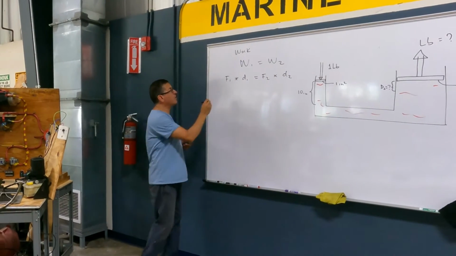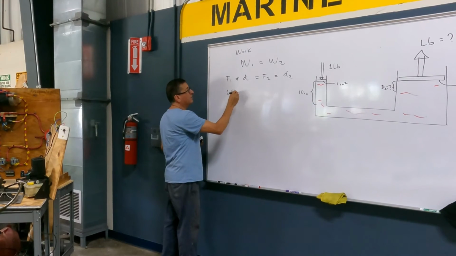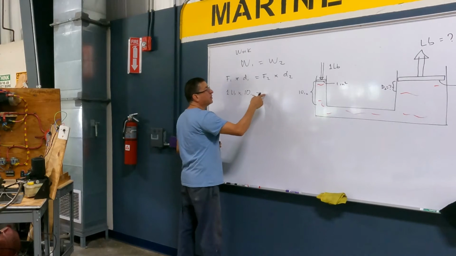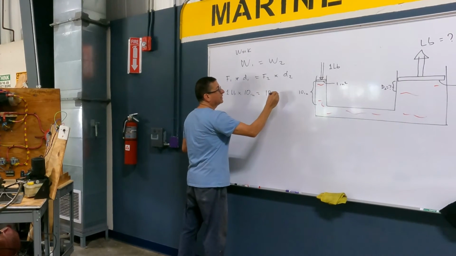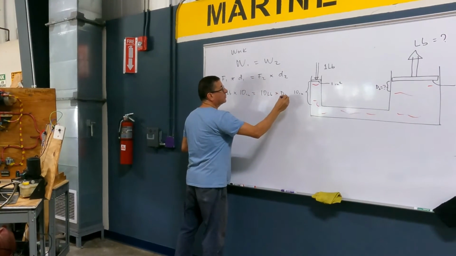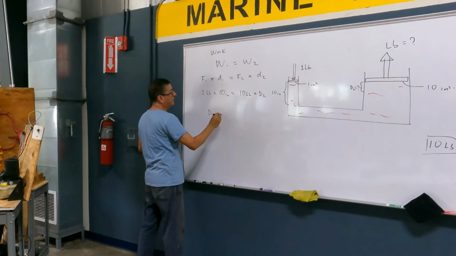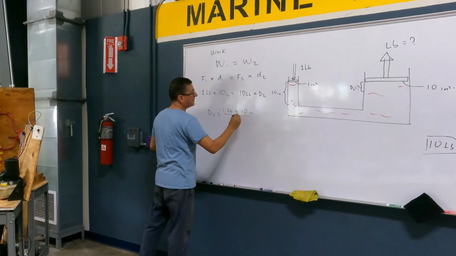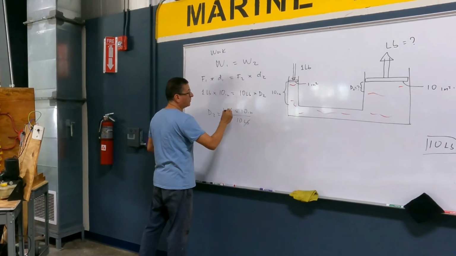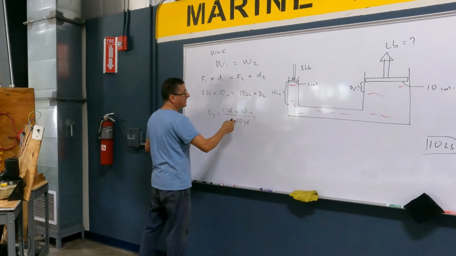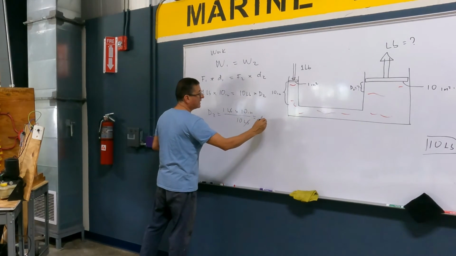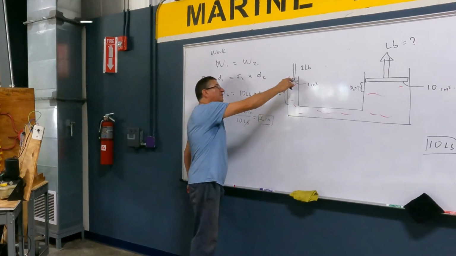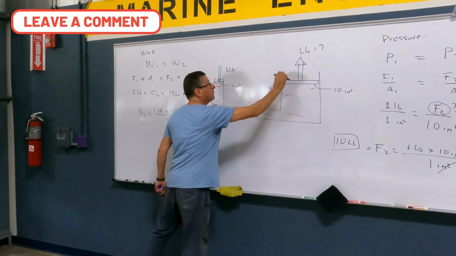Okay, how much is the force number 1? 1 pound. And the distance number 1? 10 inches. How much is the force number 2? 10 pounds, times the distance number 2. The distance number 2 is equal to 1 pound times 10 inches divided by 10 pounds, pound with pound cancel, and 10 divided by 10 is 1 inch. Ah, okay, I moved this piston 10 inches and this one only moved 1.